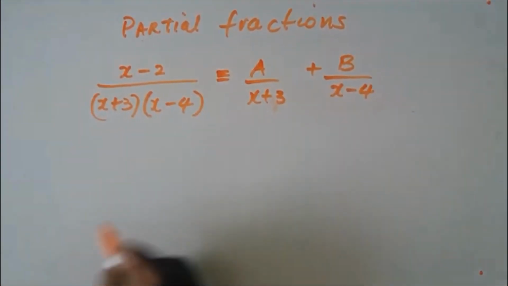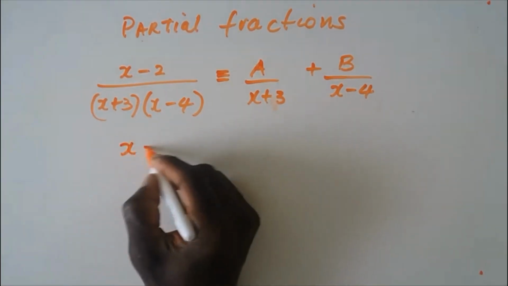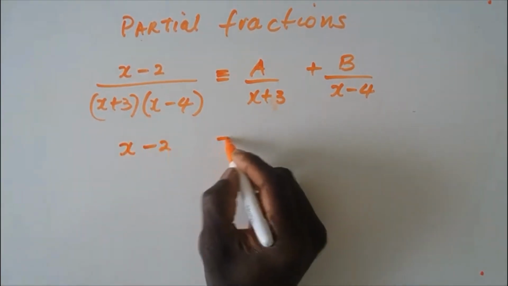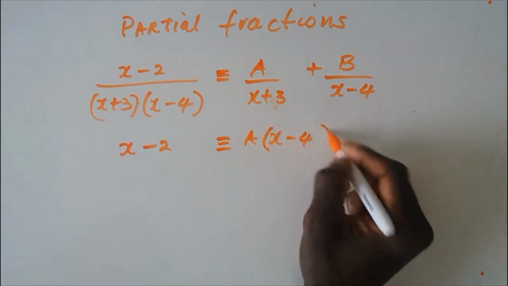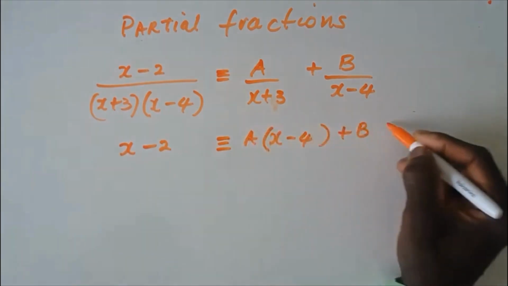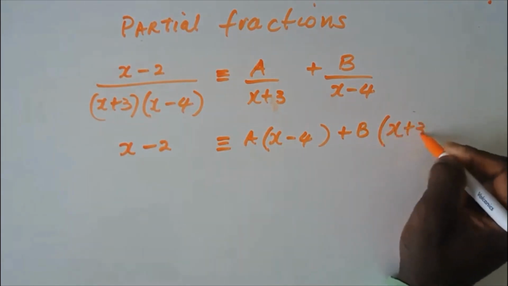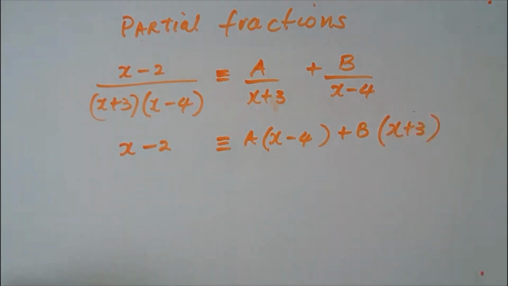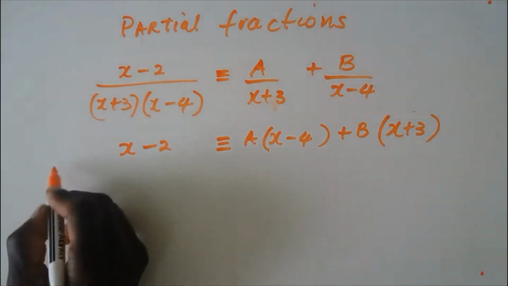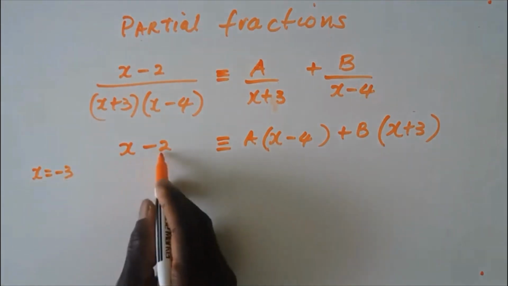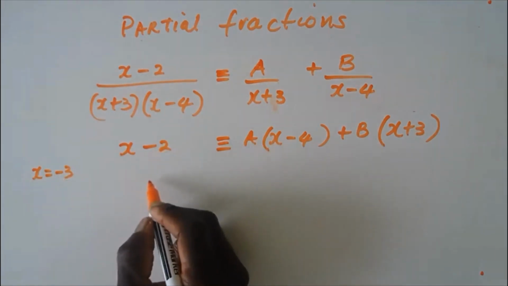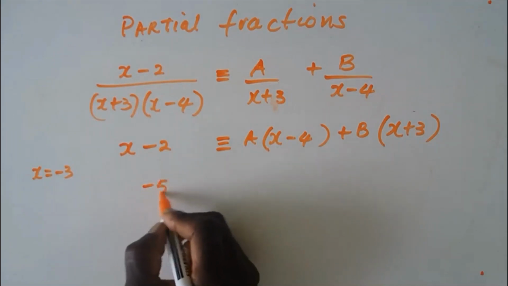Next, let's rewrite this. We'll set x to -3 to eliminate b. So x equal to -3 will give us -3 minus 2 will be -5.